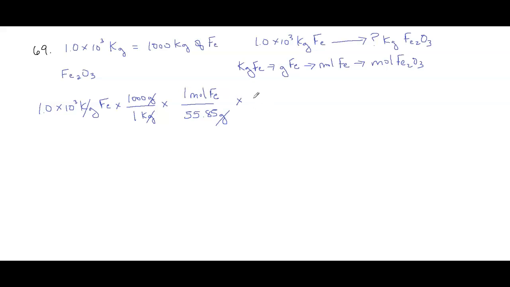So I'm going to put 2 moles of Fe to 1 mole of Fe2O3, because I know that I have 2 moles of iron for every 1 mole of this iron oxide, and now I'm converted to moles of Fe2O3.